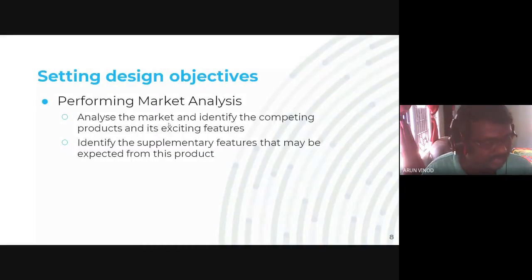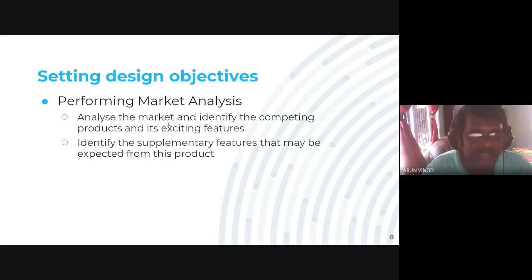So analyze the market and identify the competing products and their existing features, right? Let us say you have the requirements, and you are going to design the particular project.